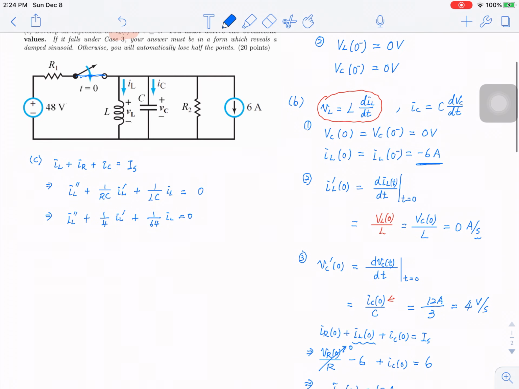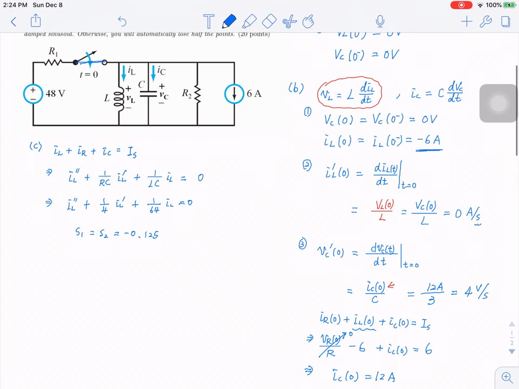And then you can check that this is critically damped. So you can find that the roots are s1 equal to s2 equal to minus 0.125. I skip this trivial step and you can check it at home.